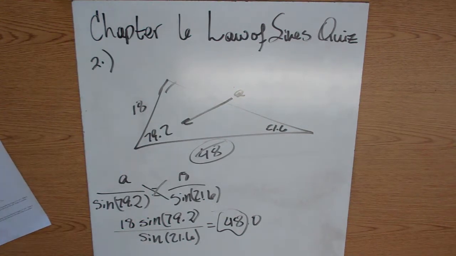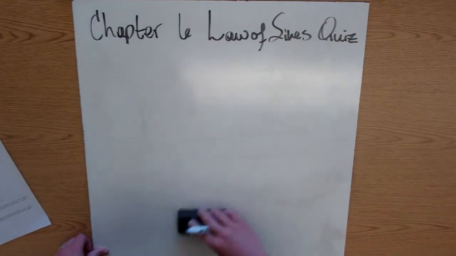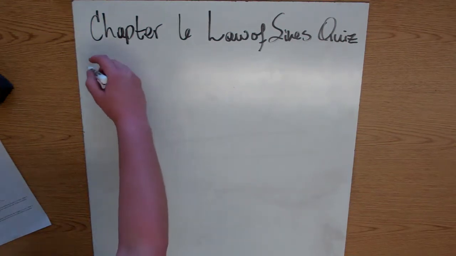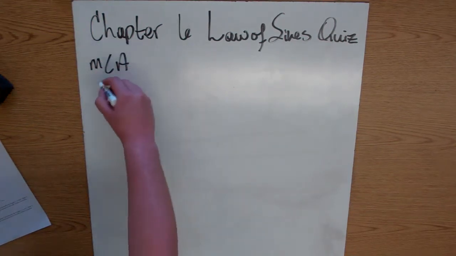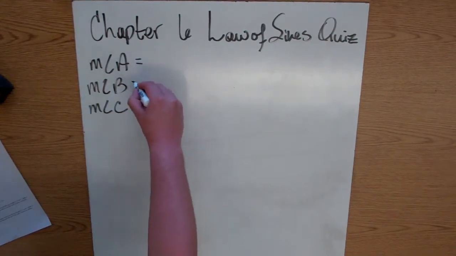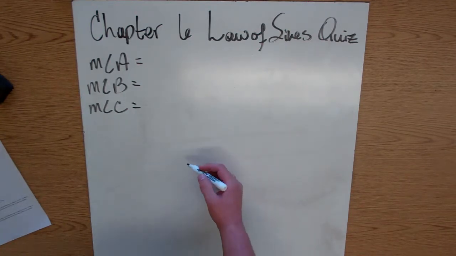Alright, number three. Solve the triangle with the known information and give all angles. So all we're worried about is the measure of angle A, angle B, and angle C. We also have to see if we have two triangles or no triangles as well.